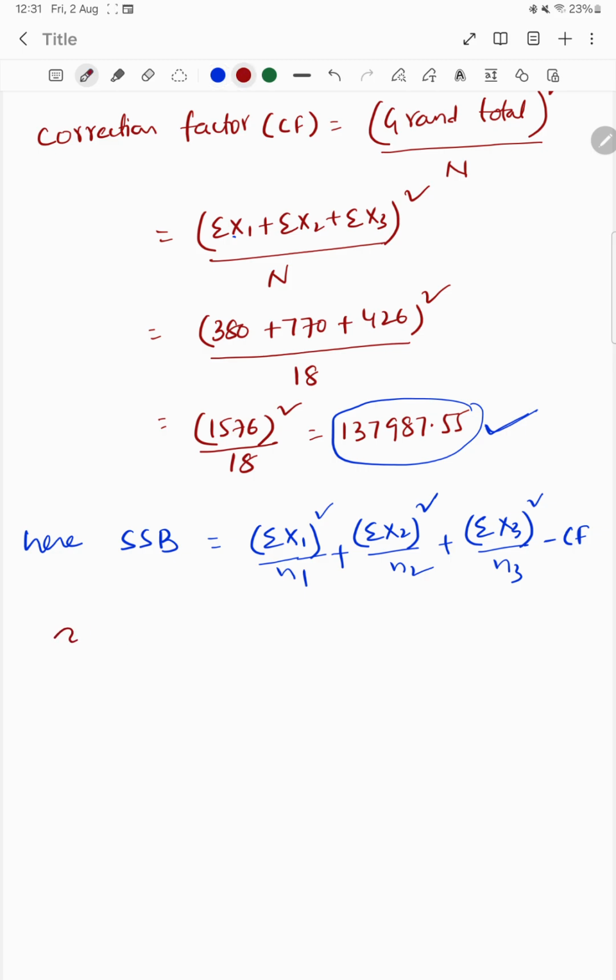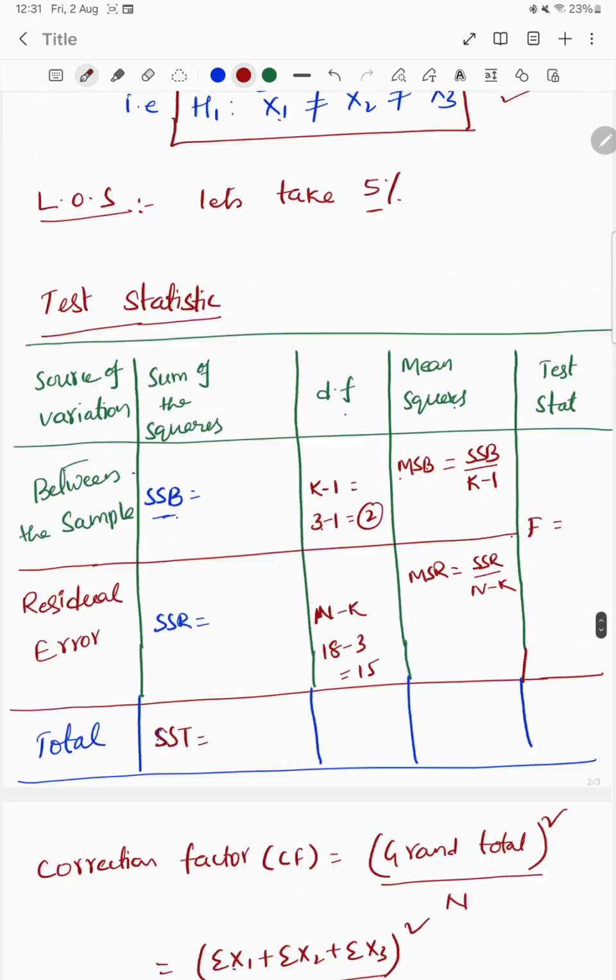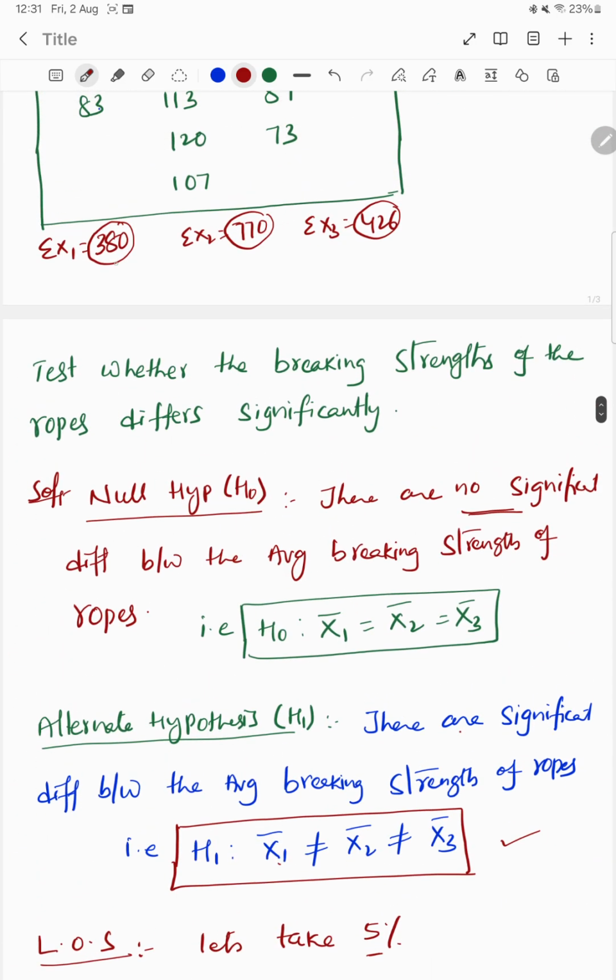This implies SSB is equivalent to summation of x1, which is 380.